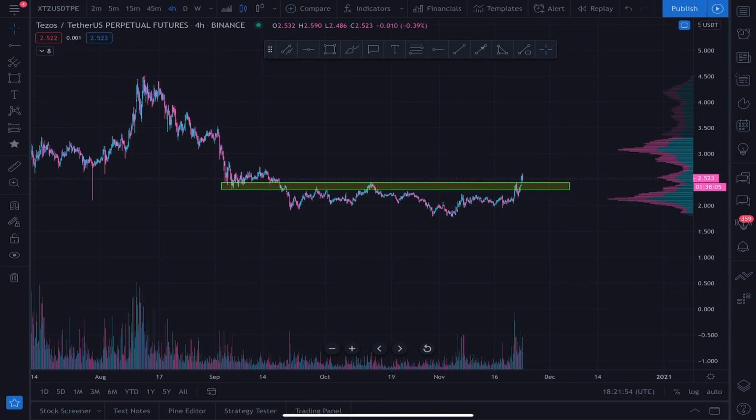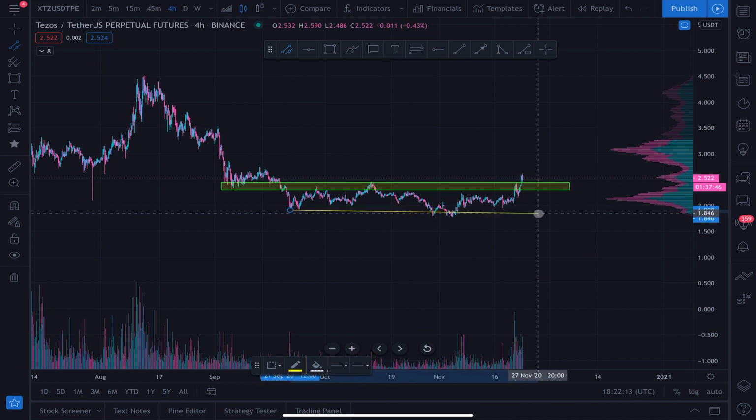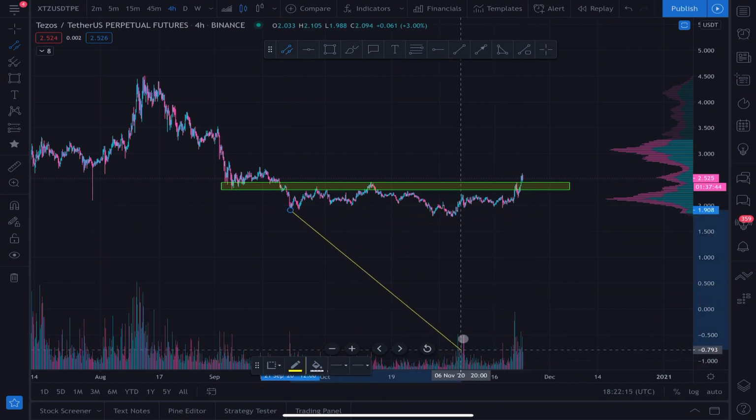So this area right here is our change of character. So we need to draw a trading range around the range bound price inside of this change of character here. So I'm going to grab my range tool, my channel, and I'm going to go to the seller's climax. And I'm going to drag that across, making note of the volume here.